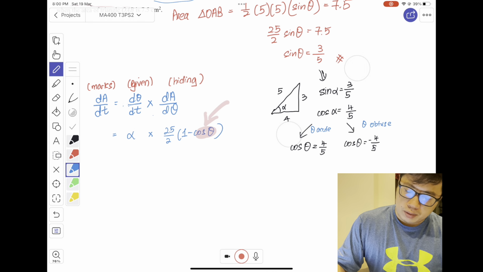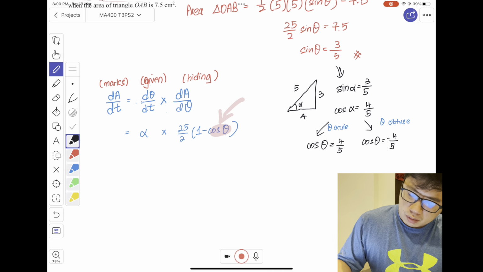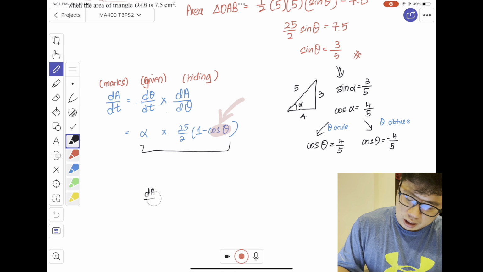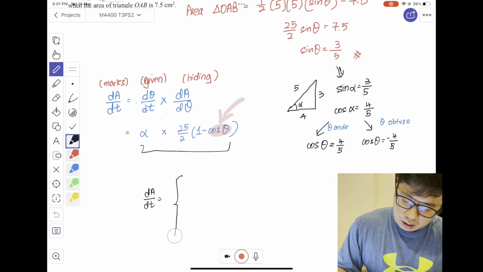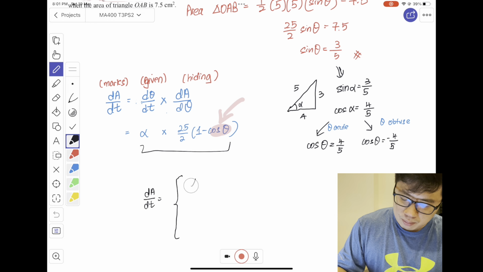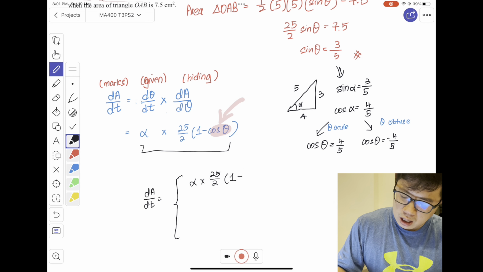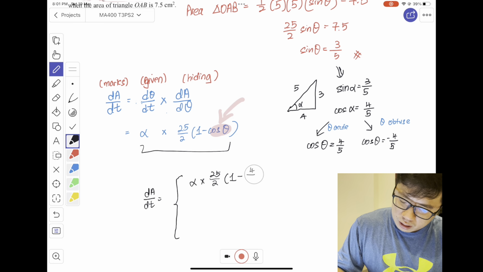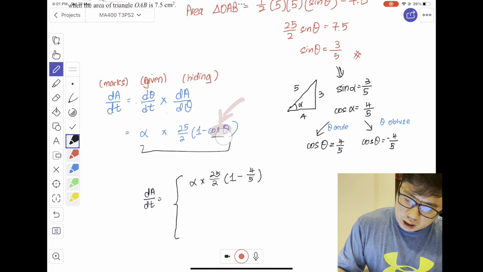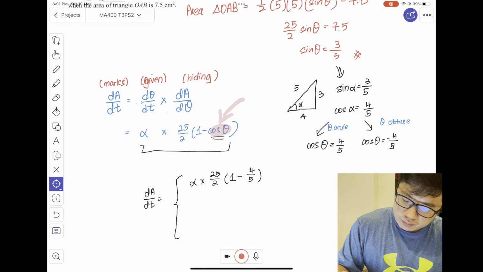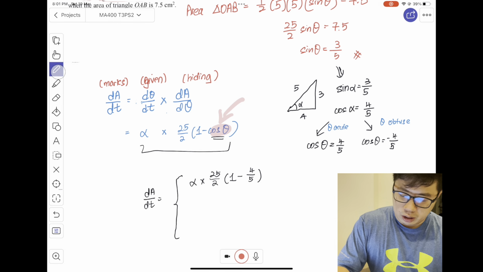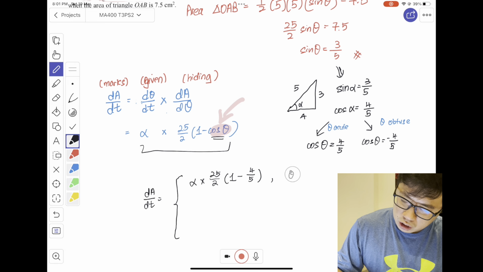Now from here, this is my dA/dt. You can see that dA/dt can be in two scenarios. It can be alpha multiplied by 25 over 2, times 1 minus 4 over 5, where I put cosine as 4 over 5 on the assumption that theta is acute.